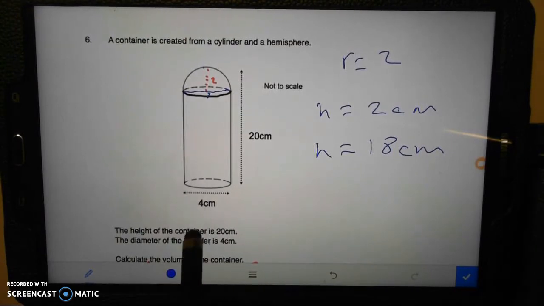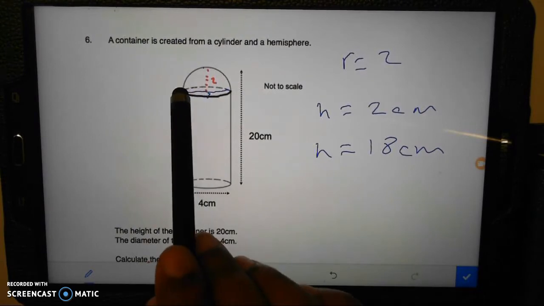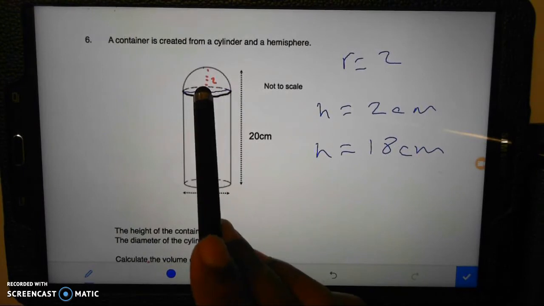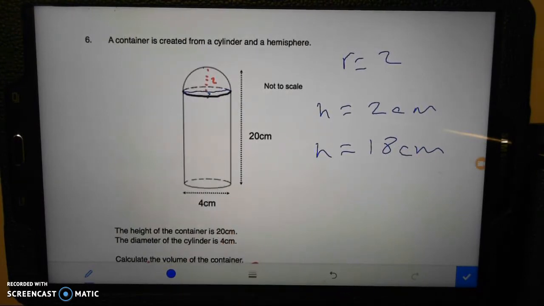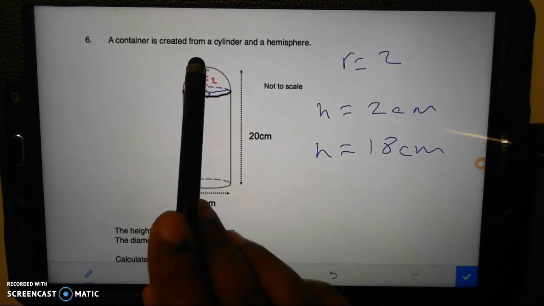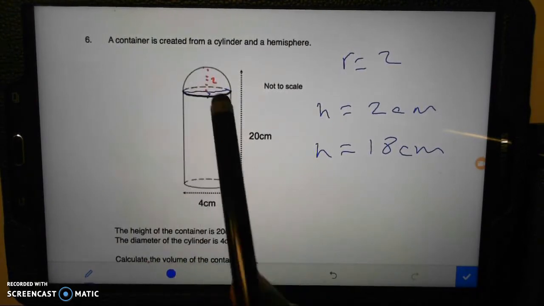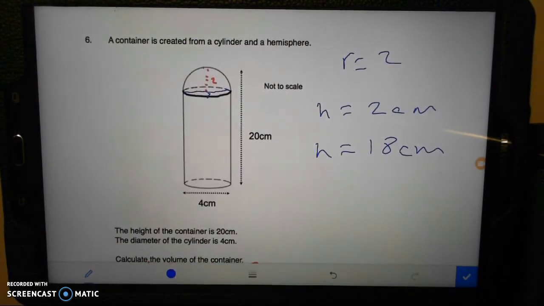We know the diameter is 4 because in the question they said the diameter of the cylinder is 4, and this hemisphere has the same diameter. So since the diameter is 4, the radius is 2. So from the flat top of the cylinder to the tip of the dome is 2 centimeters. Since the total height was 20, 20 take away 2 is 18 centimeters.